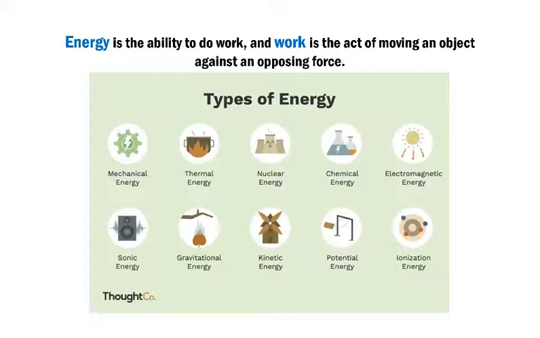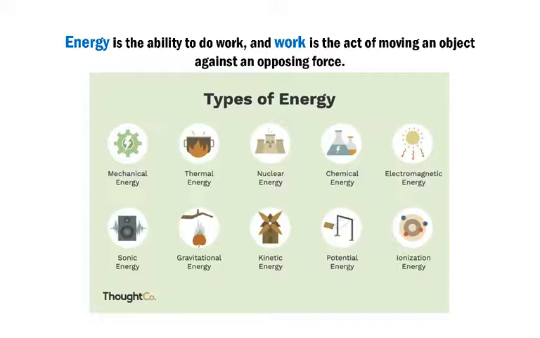So when we say energy, what we specifically mean is the ability to do work. We will define work then as the act of moving an object against an opposing force. Okay, anyway, we'll run with that for now. You have some idea in your head of what energy is, what work is.